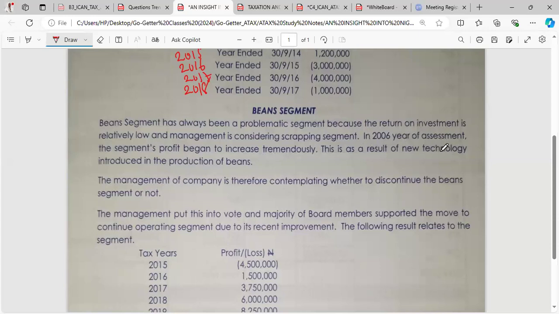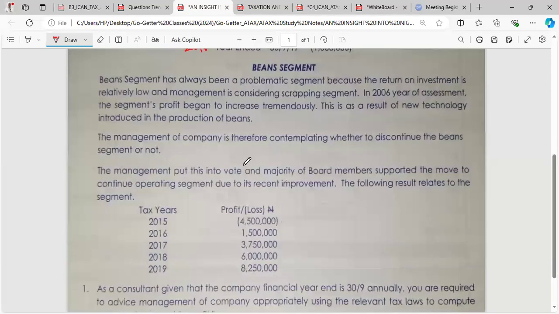This is a result of new technology introduced in the production of beans. The management of the company is therefore contemplating whether to continue the beans segment or not. The management has put this to vote and the majority of the board members supported the move to continue operating the segment due to recent developments.